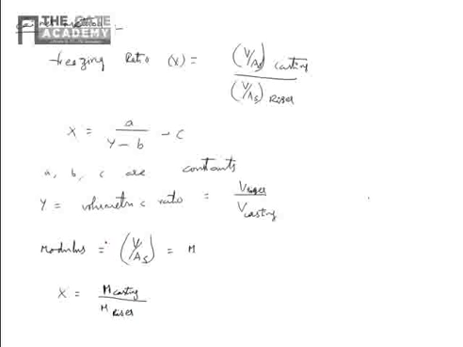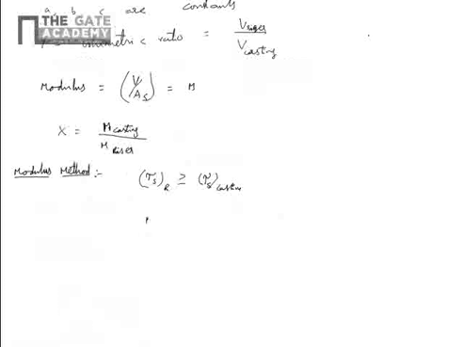Next method is the modulus method. As we know, solidification time for the riser has to be greater than solidification time of the casting. So (V by AS) whole square of riser is greater than or equal to (V by AS) whole square of casting.